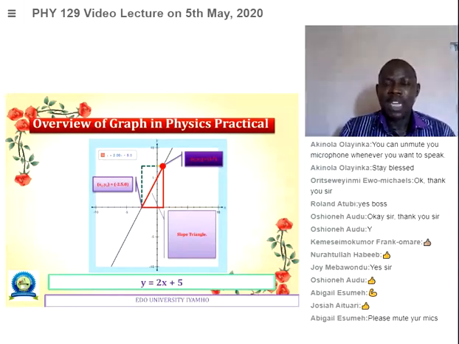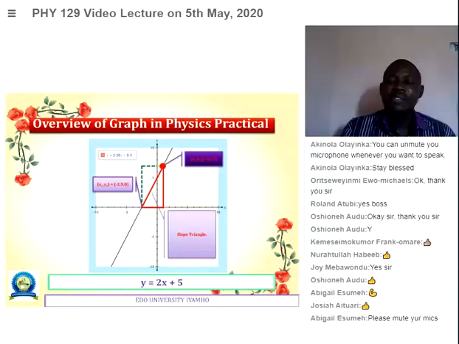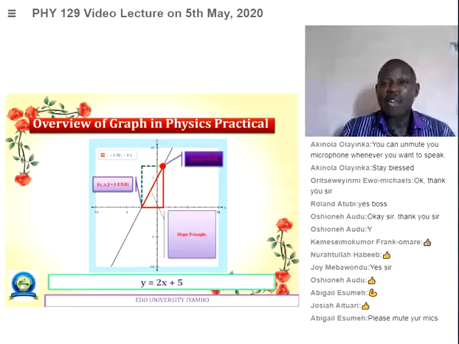I repeat, every point on a graph has both x and y value. How do you determine that? You will determine the x value by tracing that point to the x-axis. Tracing this point down to the x-axis will give me the x value, which is 1.